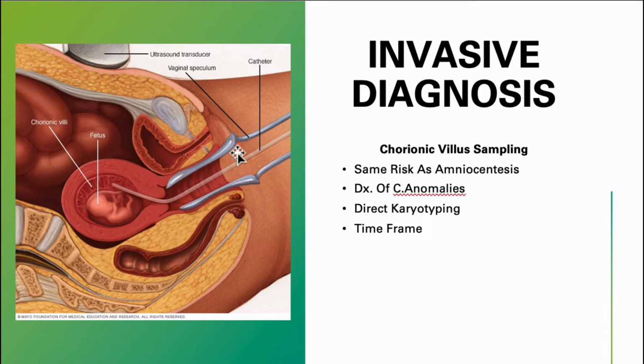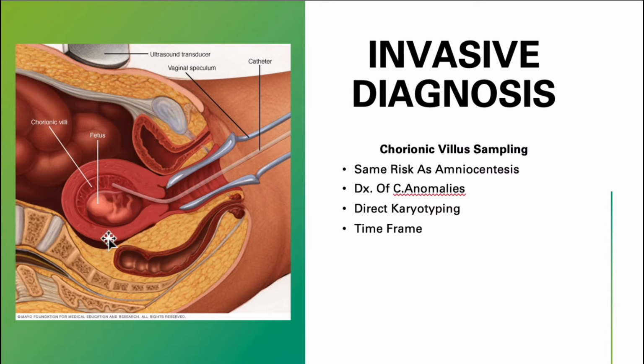The gynecologist or the obstetrician will end up dilating the cervix, and then the catheter will be advanced. And then again, with the help of the ultrasound, the doctor knows where this catheter is, and where he needs to advance it to obtain the sample.